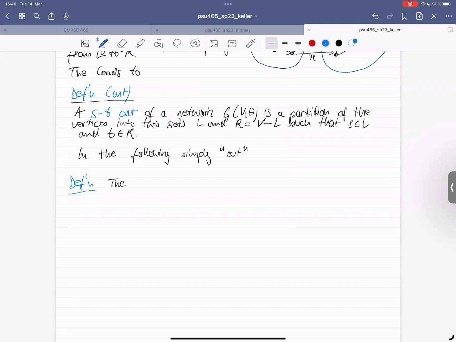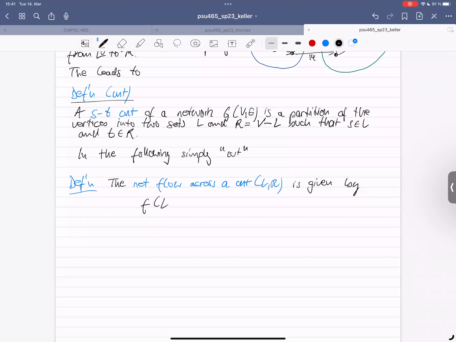So the net flow across a cut L, R is given by the following. Just write it down and I'll explain.